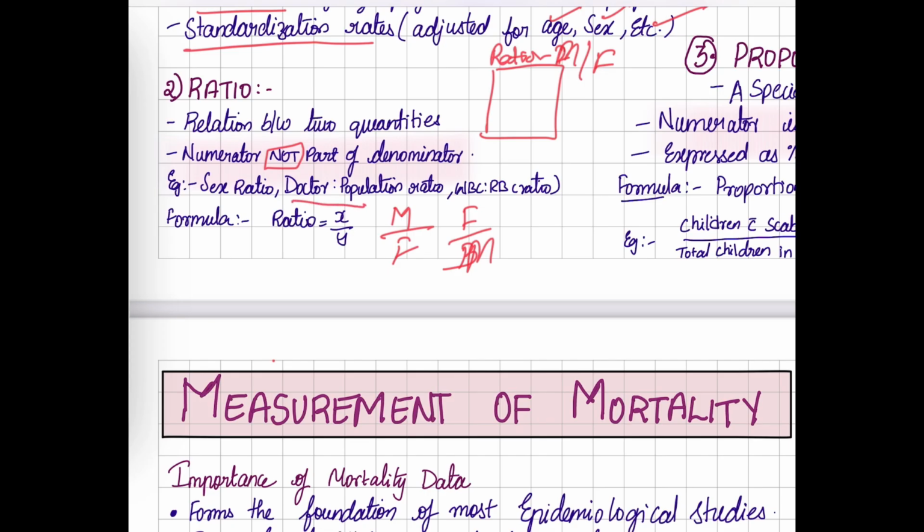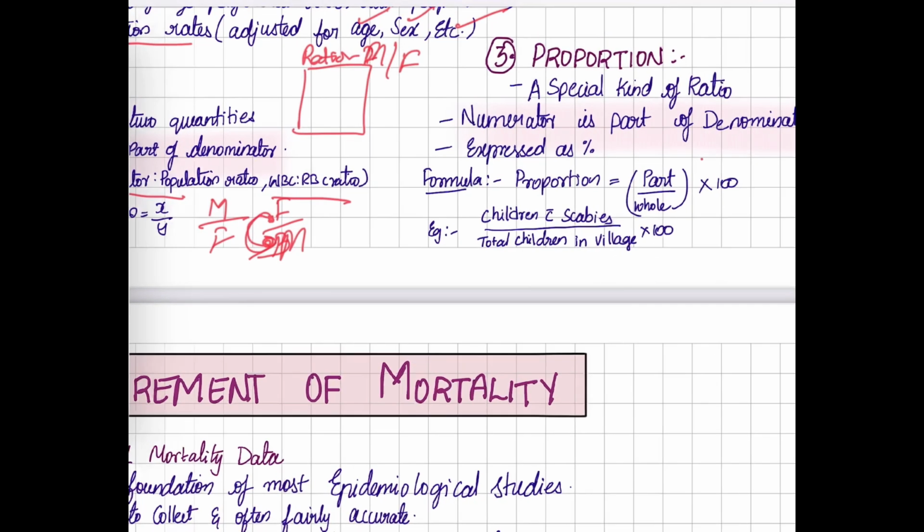Other examples are the doctor-population ratio and the WBC-RBC ratio, where the numerator is not a part of the denominator.